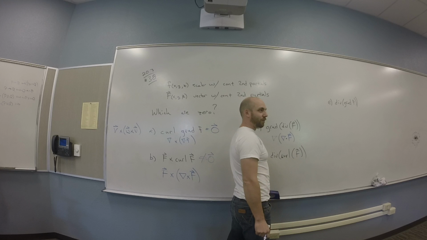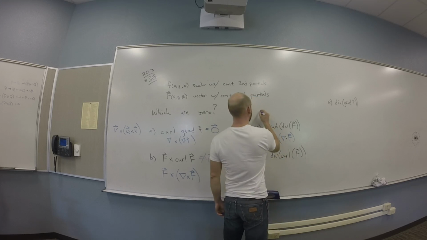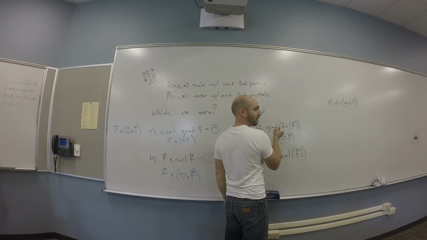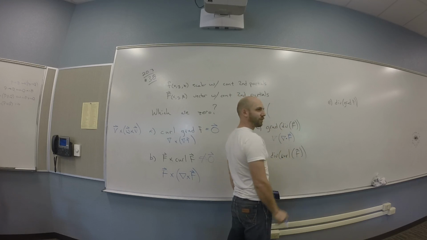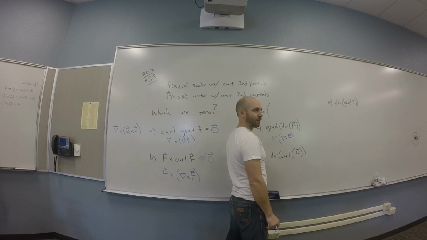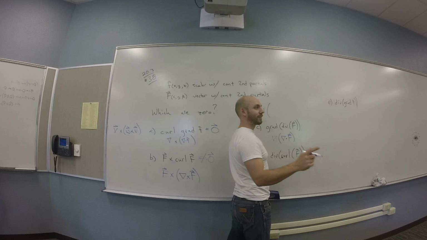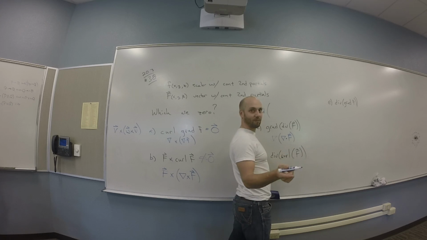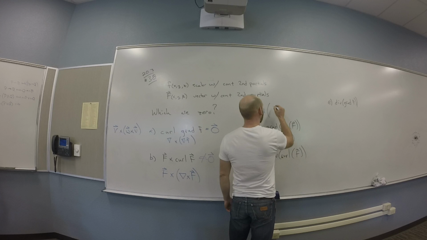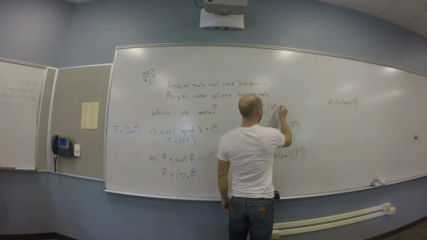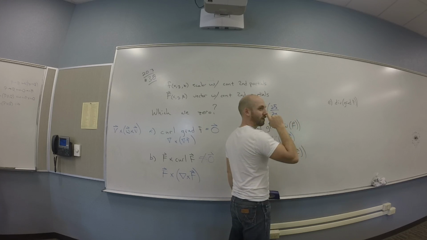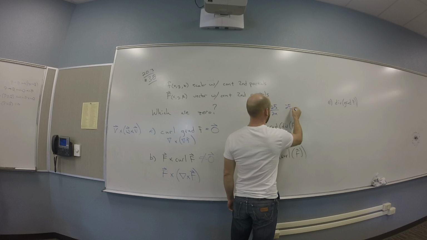So the divergence of a vector field F, right? Let's see, so I should be taking the gradient of, what's the divergence of a vector field F? How do you take the divergence of a vector field? Partial of Fx with respect to x, partial of Fy with respect to y, and Fz with respect to z, right?